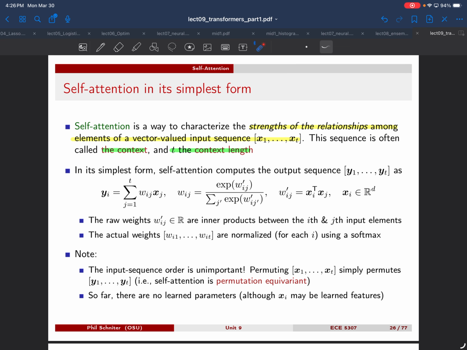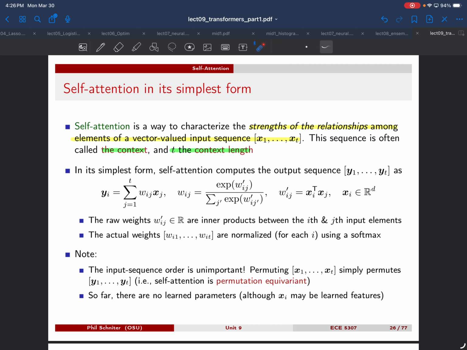Okay, so why are we using this inner product here? What's the intuition? What does an inner product tell us between two vectors? Yeah, how close together they are, in terms of whether they're pointing in the same direction. If they're orthogonal, the inner product is 0, right? That means in some sense they have nothing to do with each other.